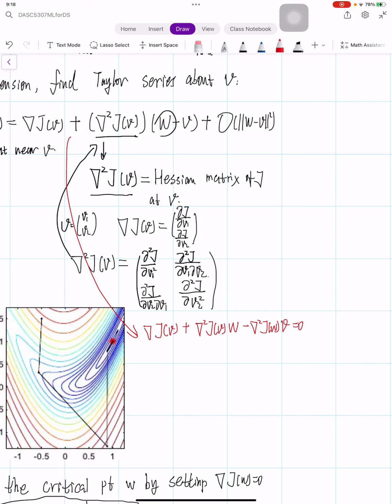Okay, and then you just move this side plus this side to both sides, so you get the second derivative G V W equals to gradient at V. Sorry, this is V, this is not W, because we need to solve W, not solve V.